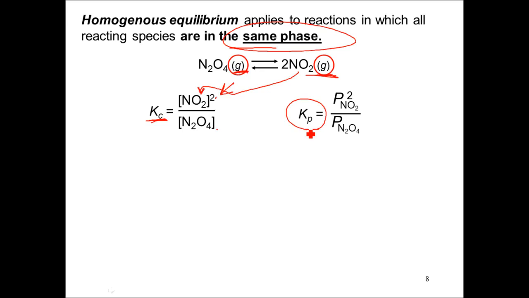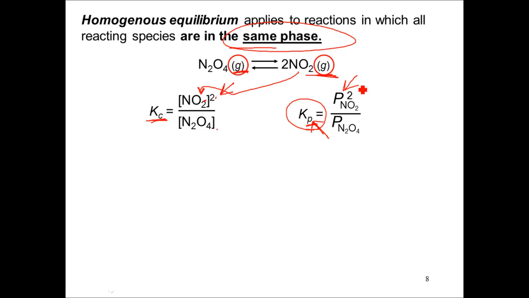Now, what about the fact that they were both gases? Can't we do something with pressure? And remember way back Dalton's law of partial pressure? Well, that holds true here with equilibrium. If all your reactants and products are gases, you can solve for a Kp. And a Kp is, rather than having these concentrations in molarity, what we can do is look at pressures.